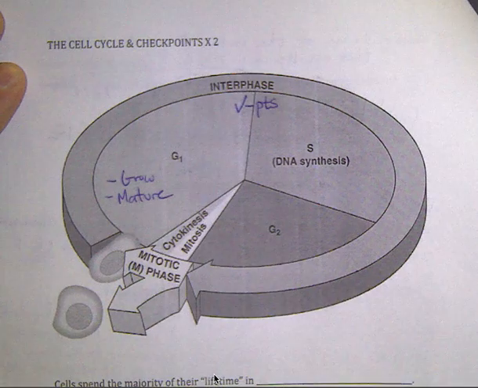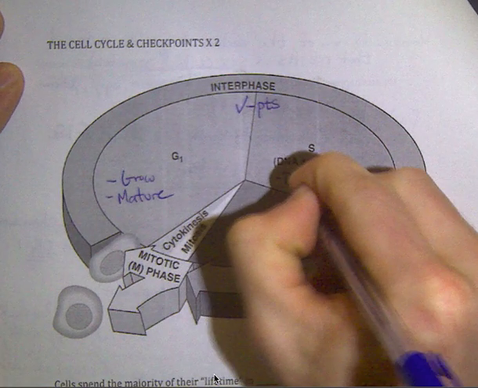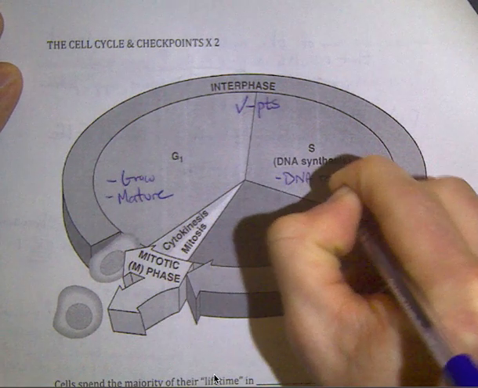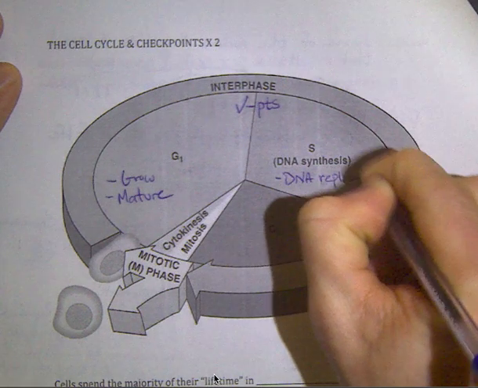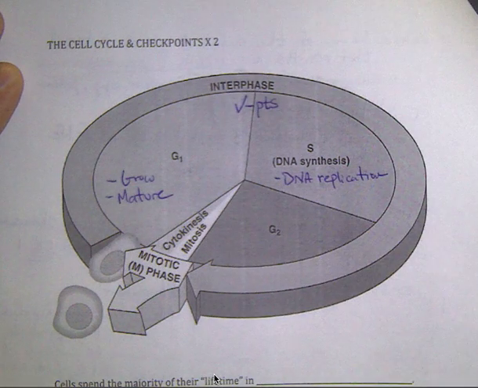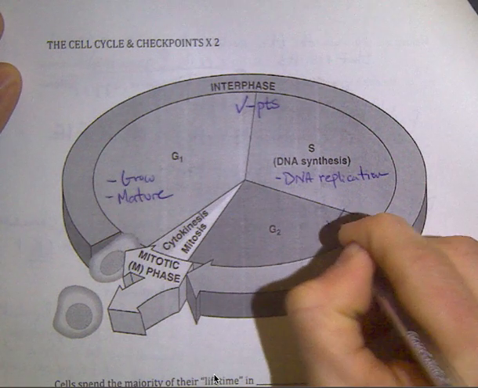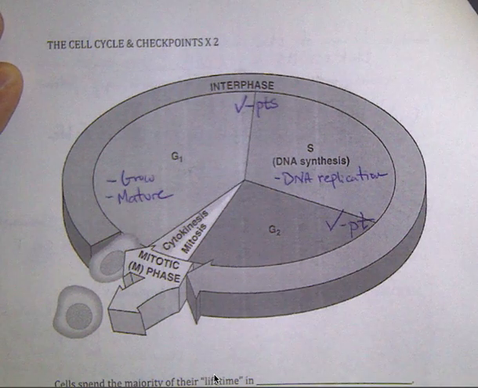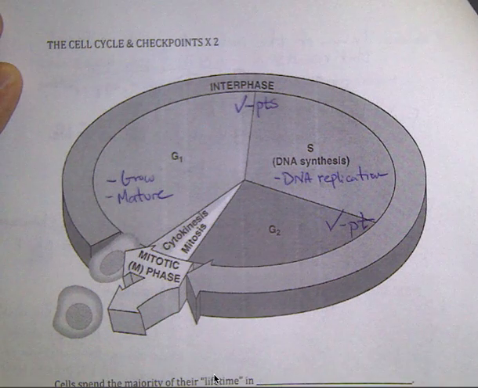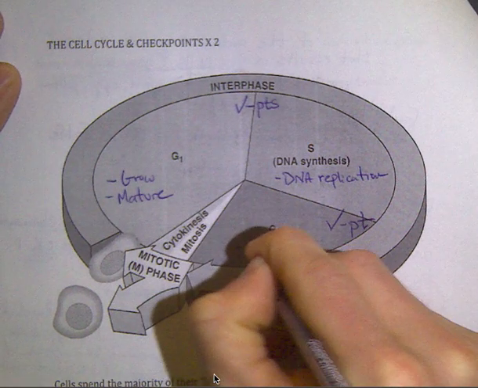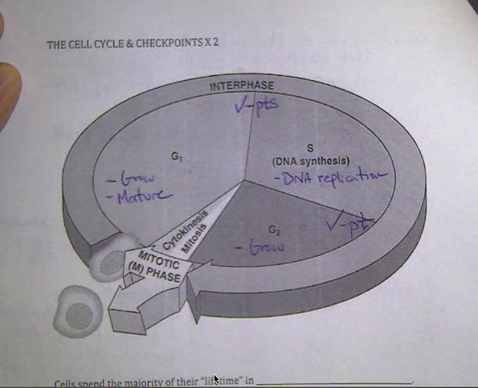After it passes the checkpoint, we can still do DNA replication. We still need to make more copies of our DNA. And after that, we still need to make sure that that happened correctly. So we still have another checkpoint. And our cell will still do some more growing after the replication of our DNA.